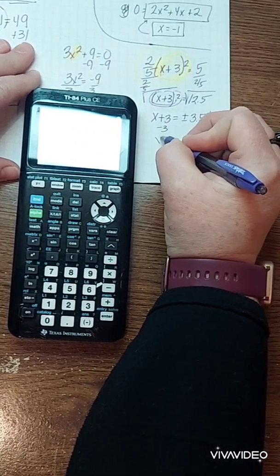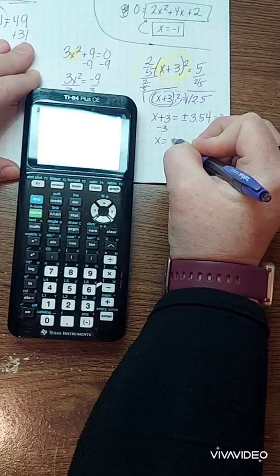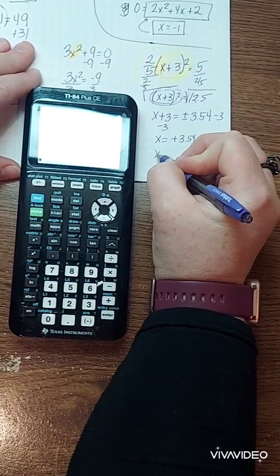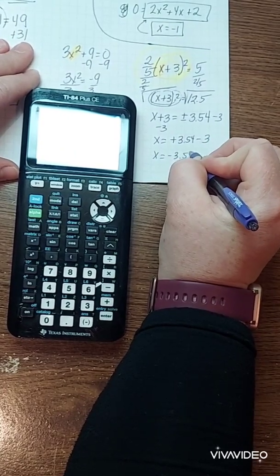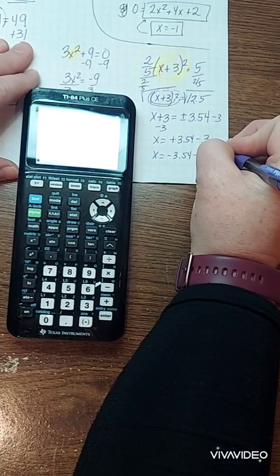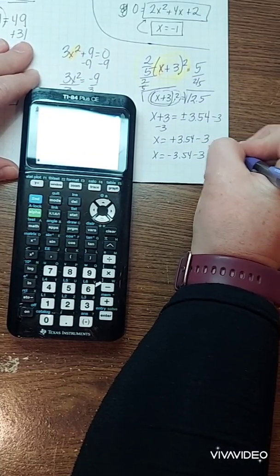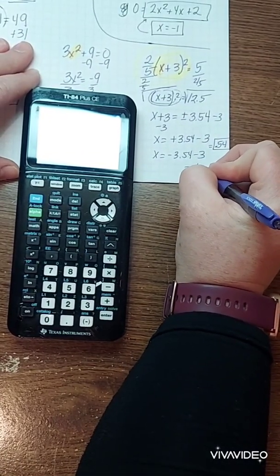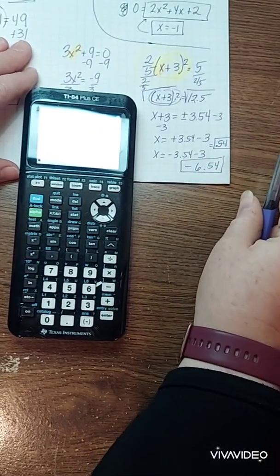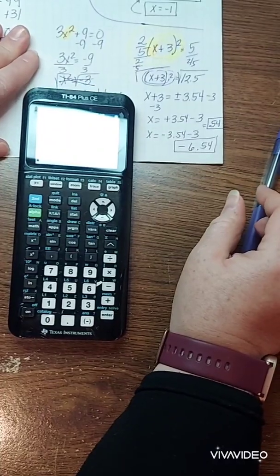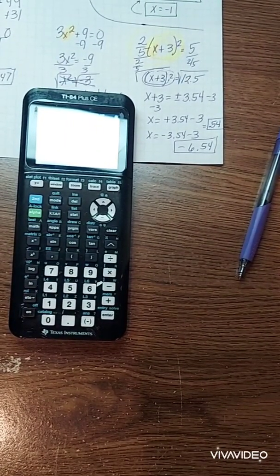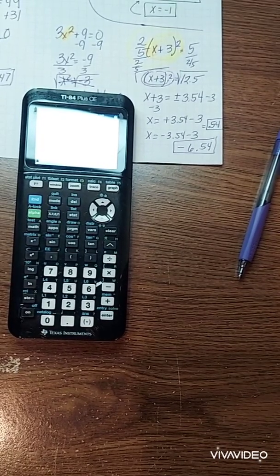Okay, so how do you do this? Well, one of these needs to be positive, minus 3. And one of these needs to be negative, minus 3. So this one ends up being 0.54. This one ends up being negative 6.54. Okay, and both would be correct. Okay, questions on that?